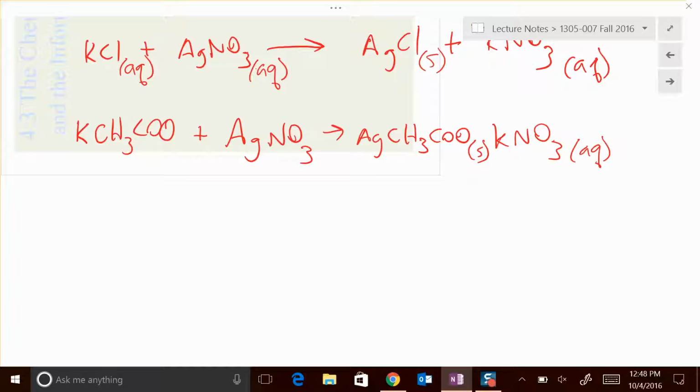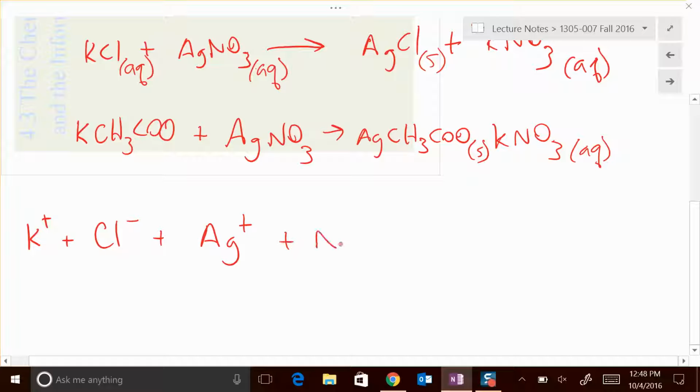I'm going to take K plus, Cl minus, plus Ag plus, NO3 minus. Those are the ions that I'm starting with. What are they going to form? What are the products of that ionic reaction?